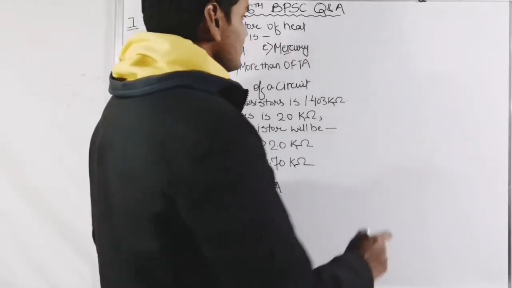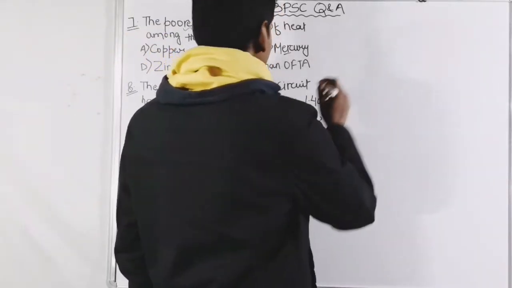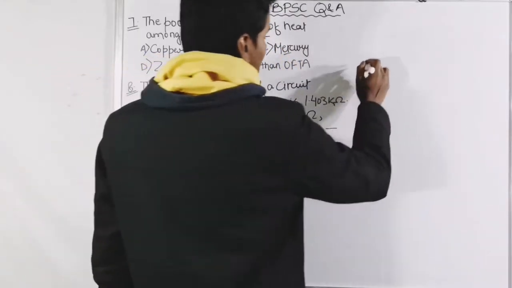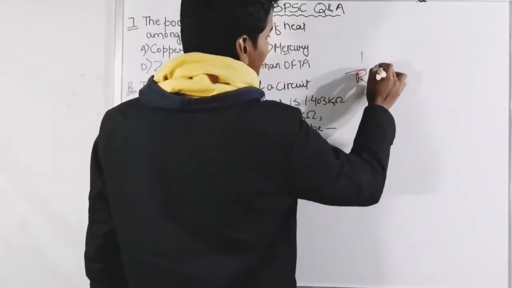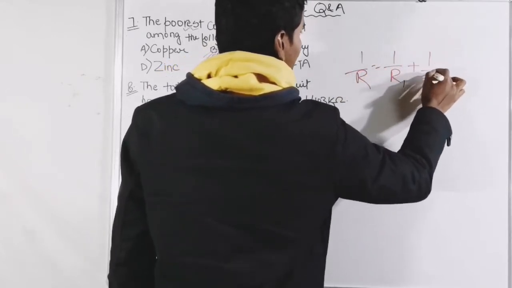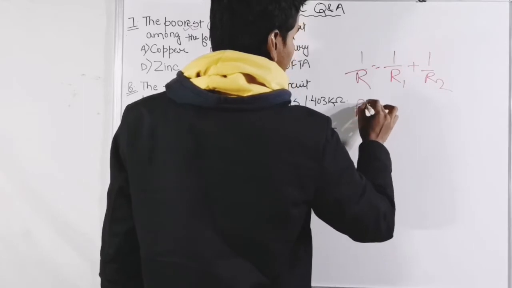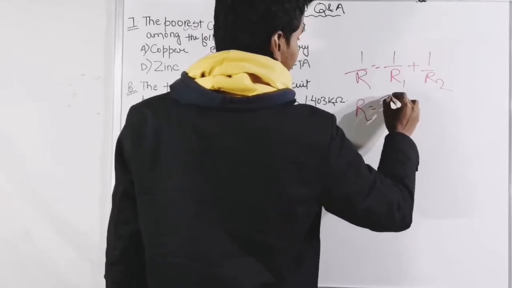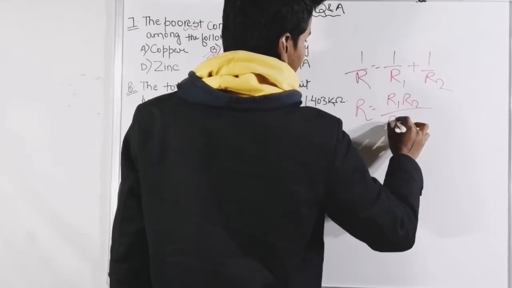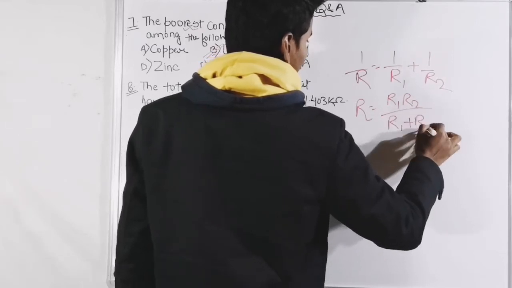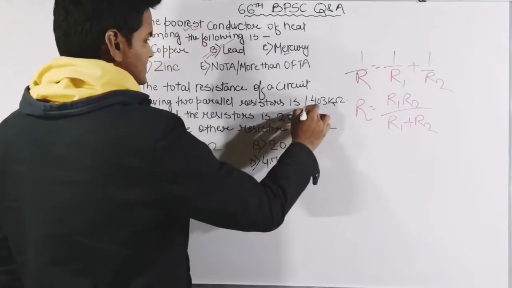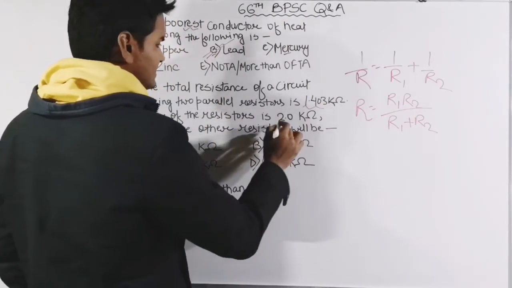To solve this question, first it says the resistances are connected in parallel. So for parallel, the formula is 1 upon R is equal to 1 upon R1 plus 1 upon R2. So the equivalent resistance will be the product R1 R2 upon the sum R1 plus R2. Here we have the total resistance given and one of the resistances is also given.